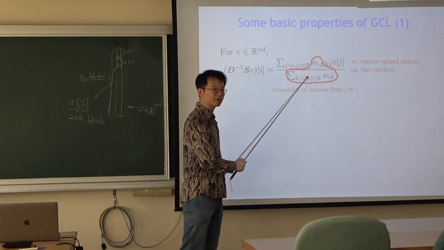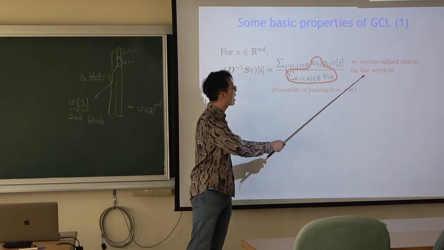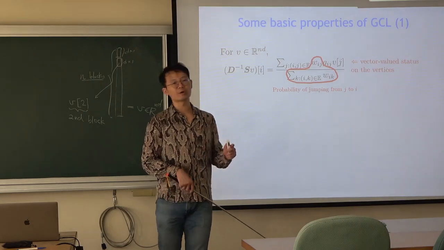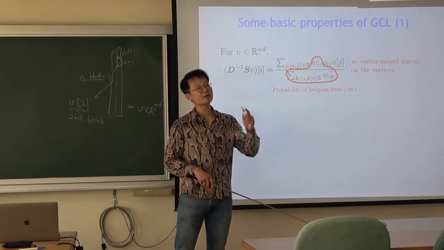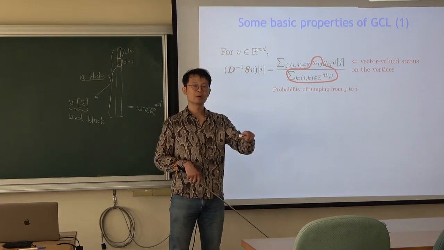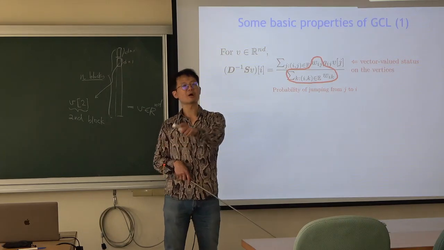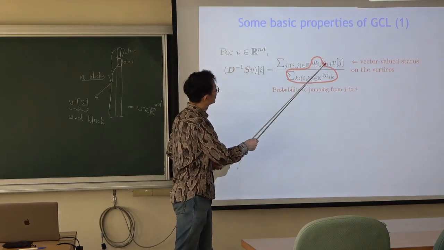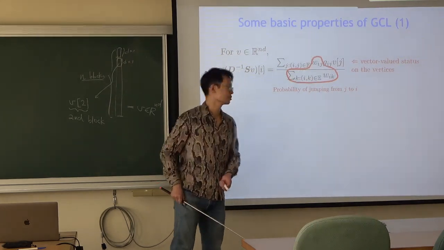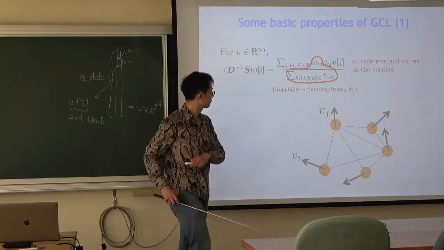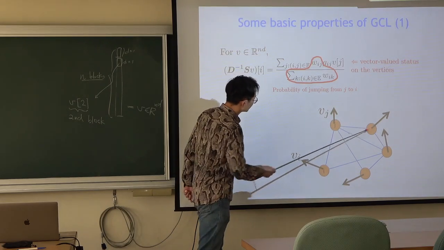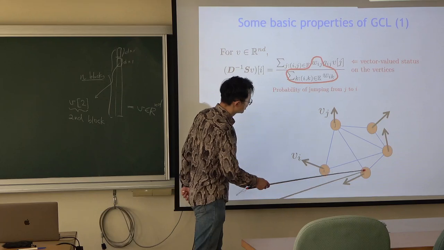So you can just view it as a vector valued status on the vertices. That is, you have a status, and the status is described by a vector. When you compare different statuses, or you do random walk on the vertices, you take the vector and you apply the connection before you compare with other blocks. Here is a pictorial visualization. At each vertex, you have one vector.